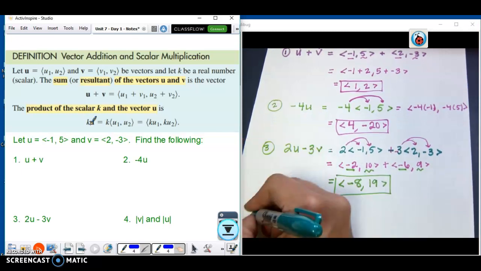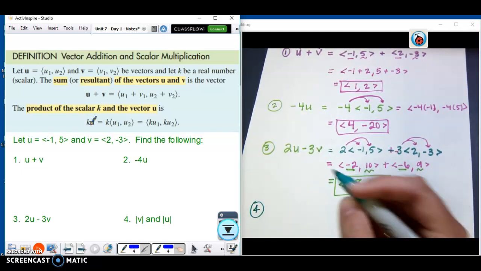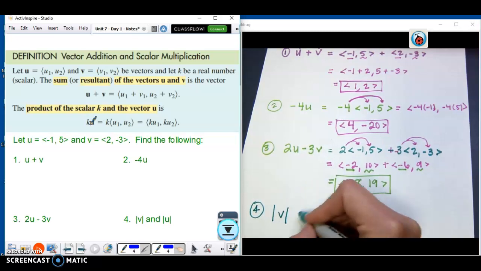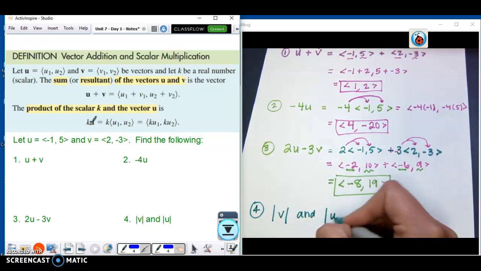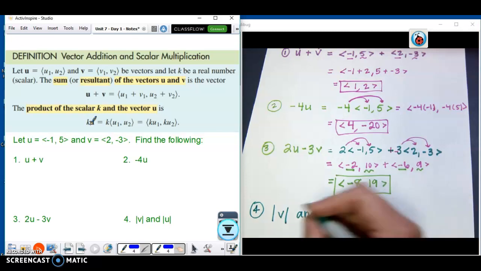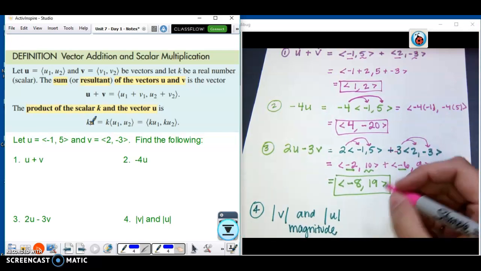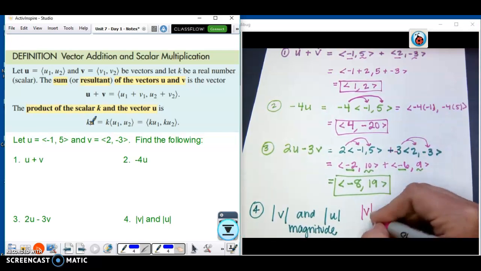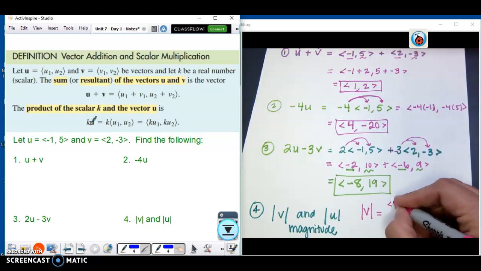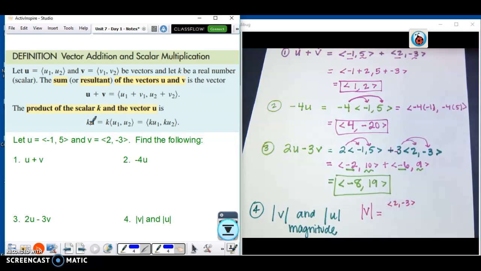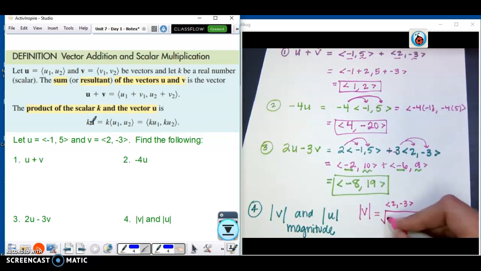And then for the last part here, they ask for the absolute value of v and the absolute value of u. So guys, remember, that doesn't really mean the absolute value in this case. For vectors, that means we want to find the magnitude. So if we find the magnitude of v, first off, v is 2, -3. So for the magnitude, it would be the square root of 2 squared plus -3 squared.